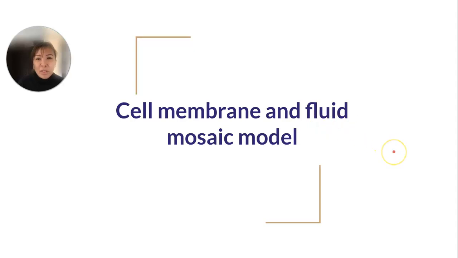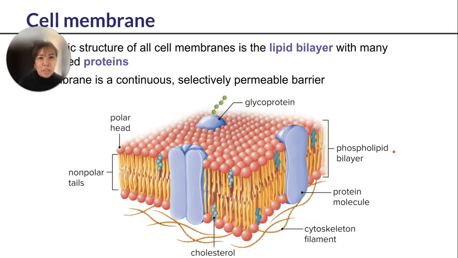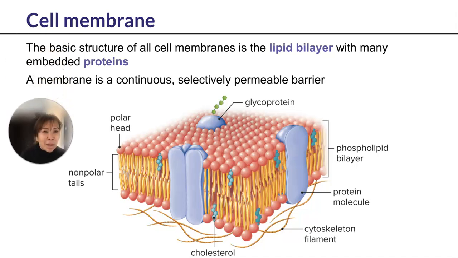Okay, so let's move on to the cell membrane and the fluid mosaic model. The cell membrane, as we say, is the outer layer of the cell, the skin of the cell. We're going to look into that in a little more detail. The basic structure of the cell membrane is actually a lipid bilayer. If you recall, when we talked about the different macromolecules, we talked about lipids, and particularly phospholipids.